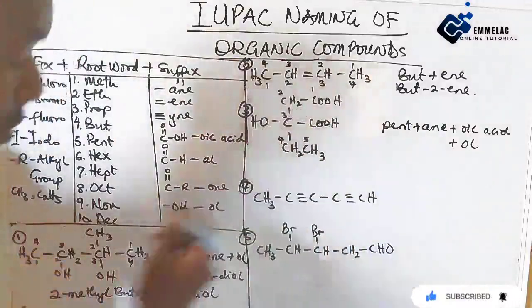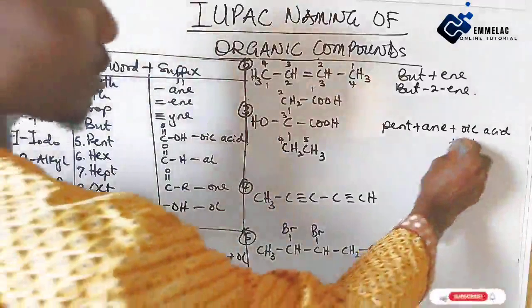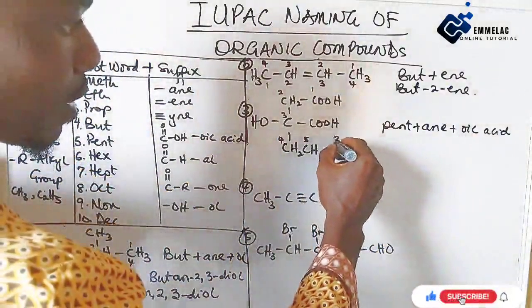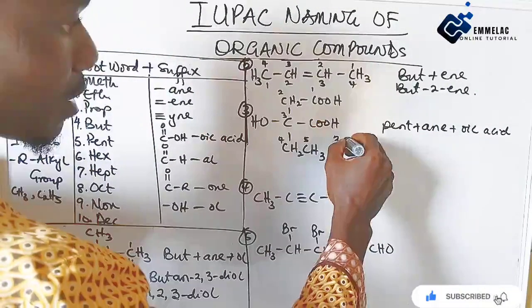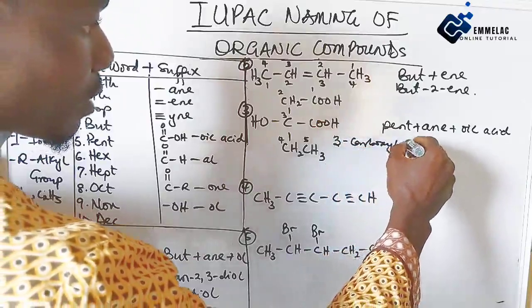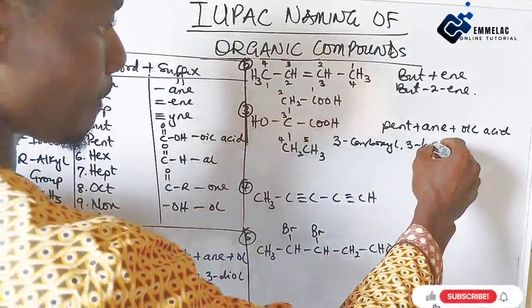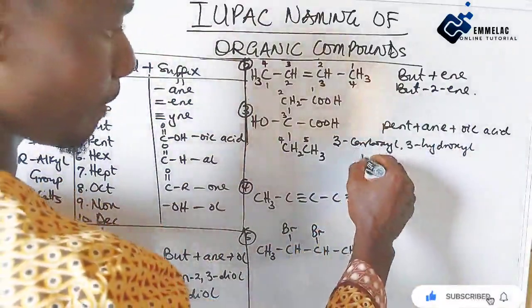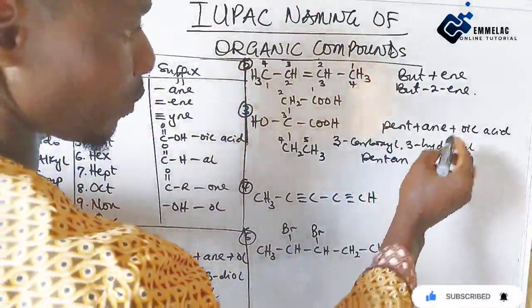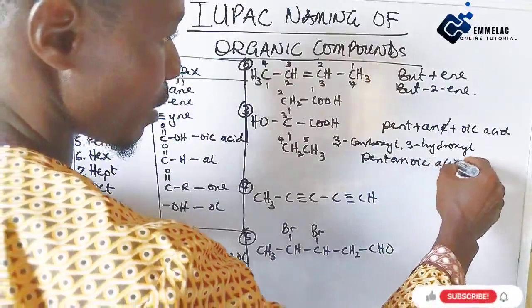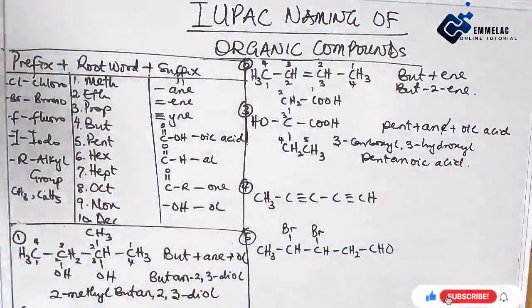So here we have 3 carboxyl, then 3 hydroxyl, then pent. Now you cancel this and include this: pentanoic acid. This gives the accurate naming for that compound.